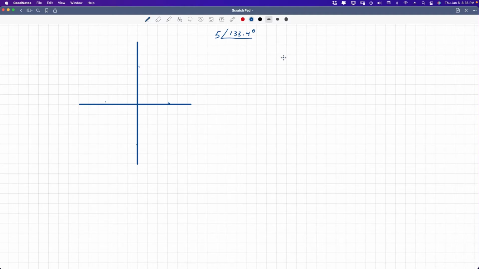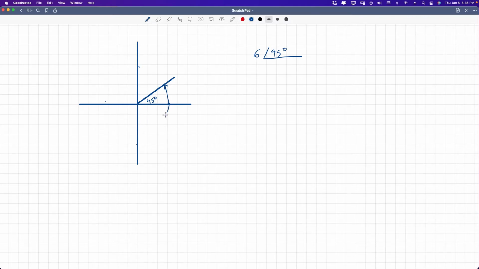Another thing about that is that if let's say I have a vector of length 6 at a 45 degree angle, which would put it right about here. That's measuring from here to here. That's 45 degrees.